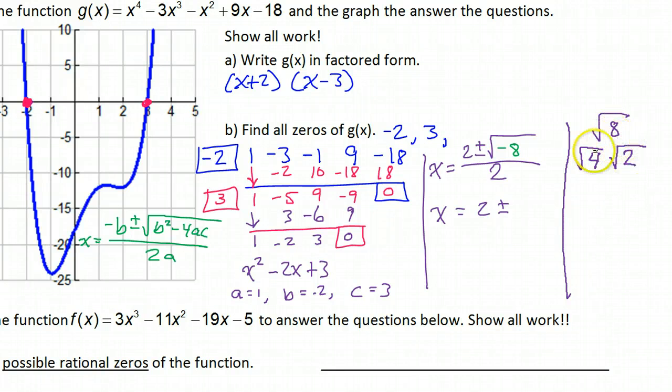So radical 8 is radical 4 times radical 2. The square root of 4 is 2, and the radical 2 cannot be simplified, so you just bring it down. So the square root of 8 is 2 radical 2. But don't forget the i: because I had a negative under the radical, there will be an i and it goes in the middle. So 2i root 2.